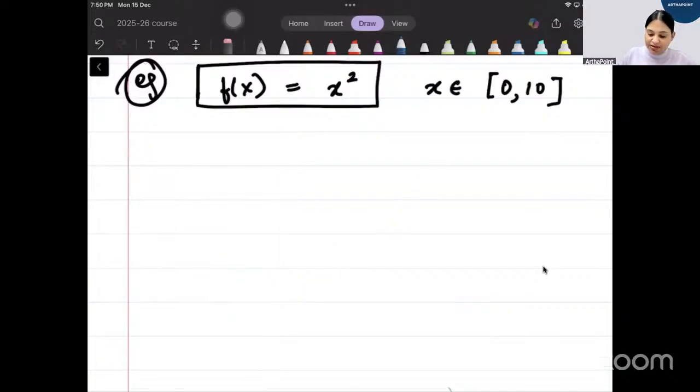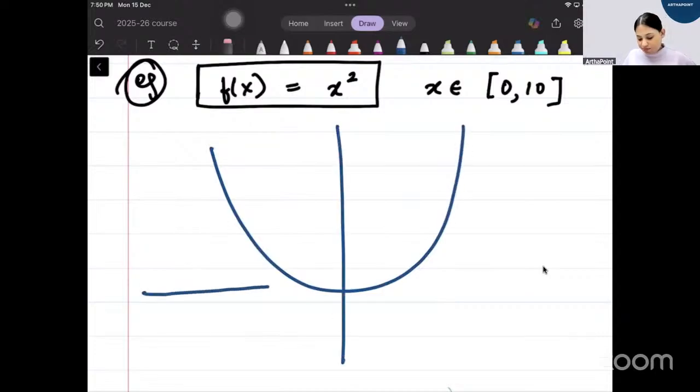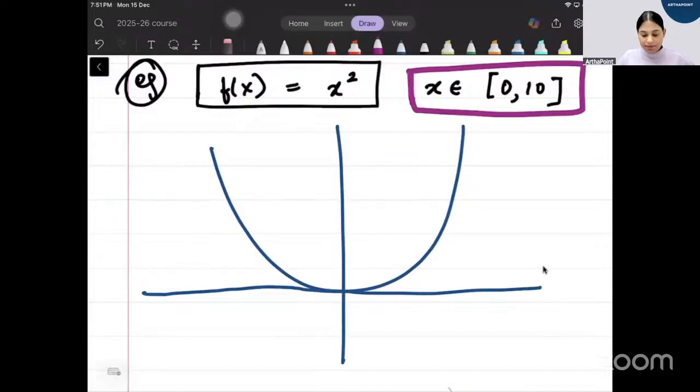Okay, let me first make this and then I draw the axis. This is like this. f(x) is equal to x square. But I am told that the interval is 0 to 10. Say I am told that the interval is from 0 to 10.